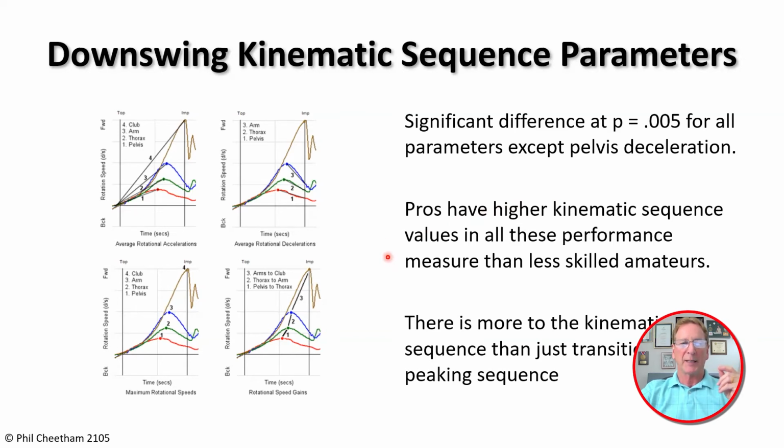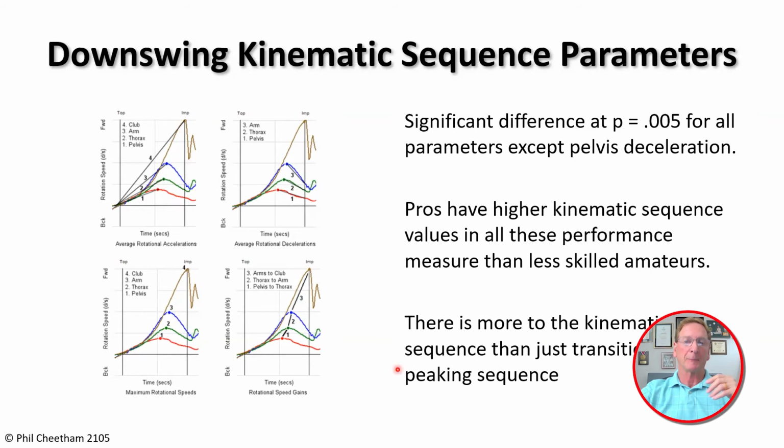So we proved that basically in the tour pros, there is a significant difference. So the kinematic sequence is sensitive enough to give you parameters that differentiate between lesser skilled and more skilled players. So there is more to the kinematic sequence than just transition and peaking, and it is a performance measuring metric, if you like.